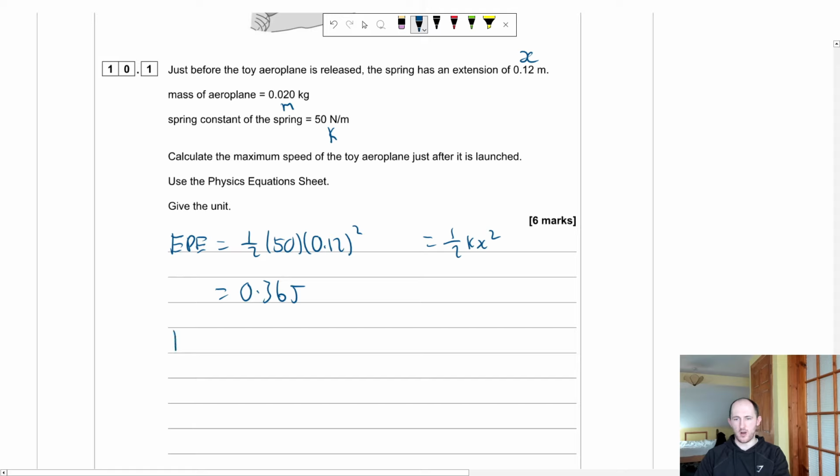That is now our kinetic energy, which is half m v squared. So we have 0.36 equals a half, the mass was 0.02, times v squared.